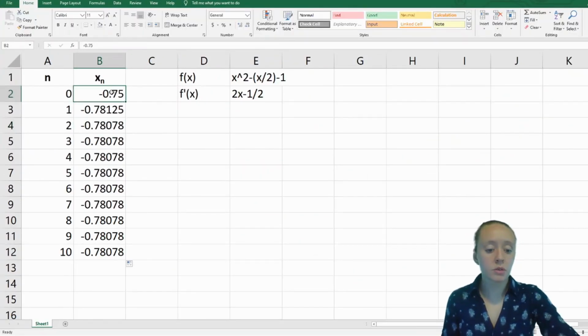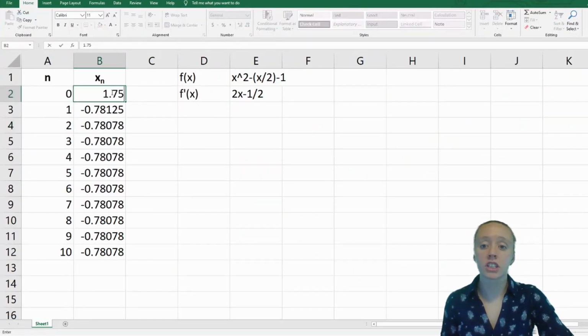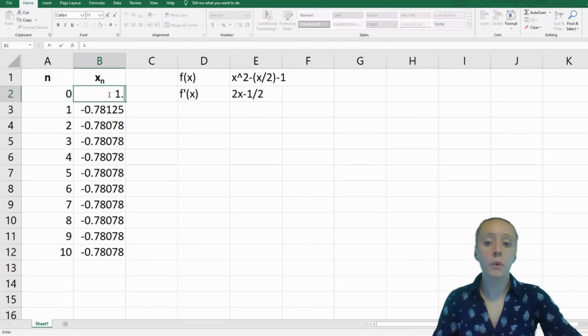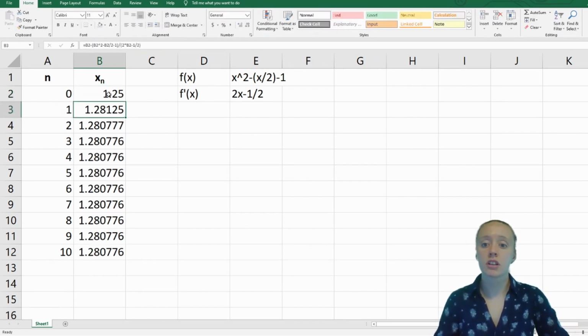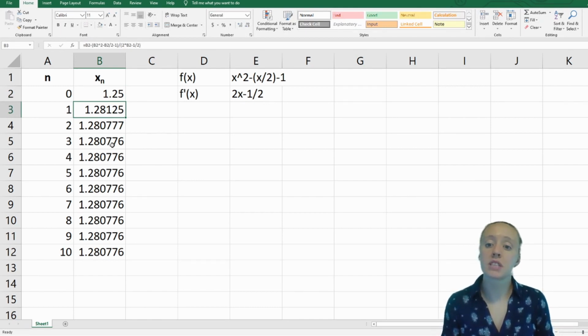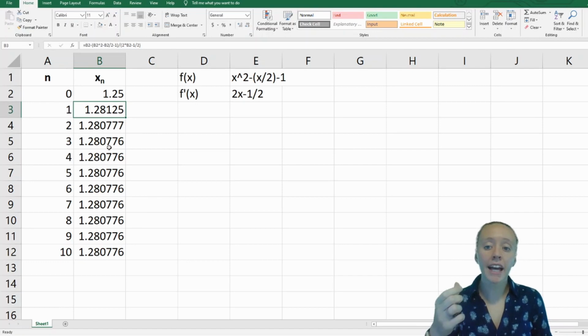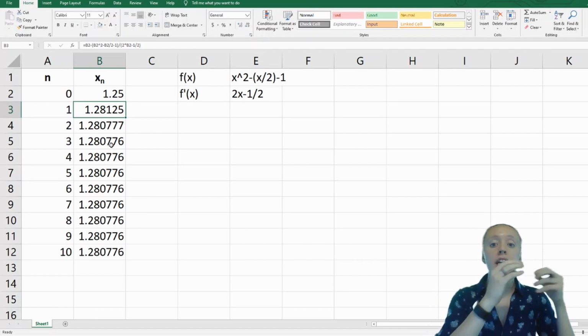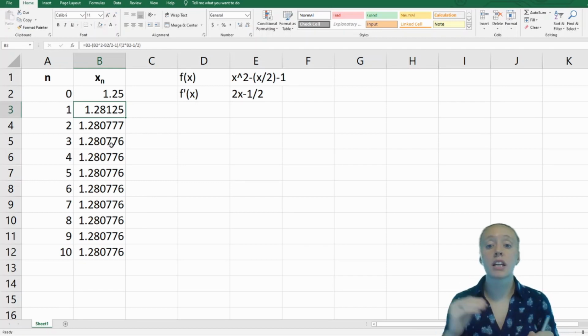So all we do is switch our x sub 0 value because our function and derivative are the same. So entering in the value we want, that 1.25 for our estimation, you can see we start repeating for 1.280776. So that x value is where our original functions intersect, which is the root of that manipulated equation when I set them equal to each other.